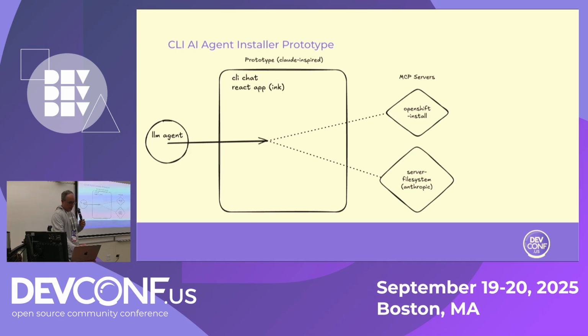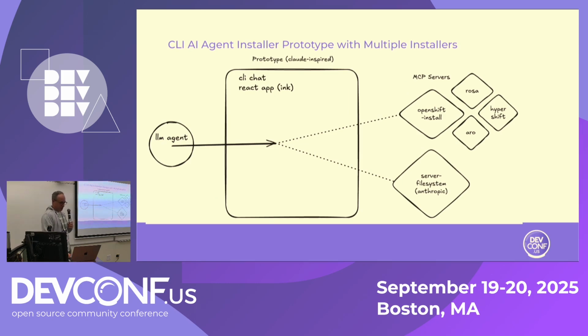So I created a super simple prototype for this. Basically, all it is is this React app. It's got an LLM agent. I used a pre-existing MCP file system server from Anthropic, and then I created super basic MCP servers for this dummy for the openshift-install.